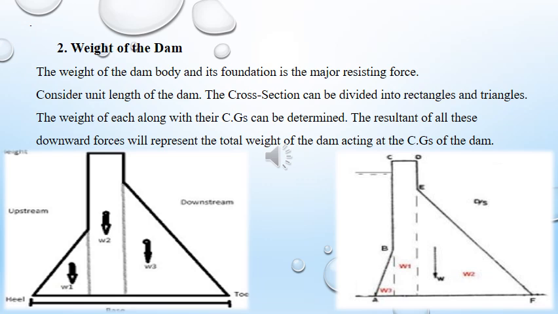The weight of each section is calculated as weight density into volume. Considering a 1 meter length of the dam, the weight is the weight density of the concrete multiplied by the area of this section into 1, and it acts at the CG of the area.